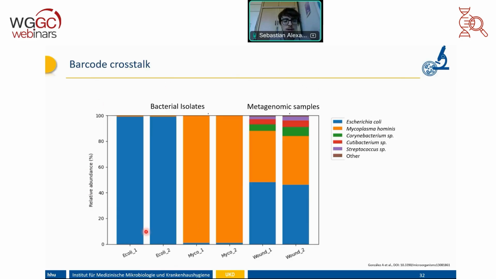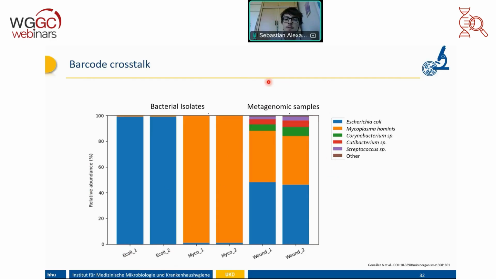In this case, we had 4 different bacterial isolates, 2 E. coli and 2 mycoplasma. And we also had 2 metagenomic samples, which were wound swabs, consisting of around 99% human DNA. And we subtracted these human reads.